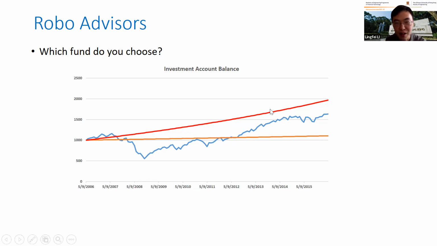I'm not sure if any of you have heard of the Ponzi scheme. If you haven't, you can search for it online later. I don't have time to explain it in detail, but this is basically a financial fraud.